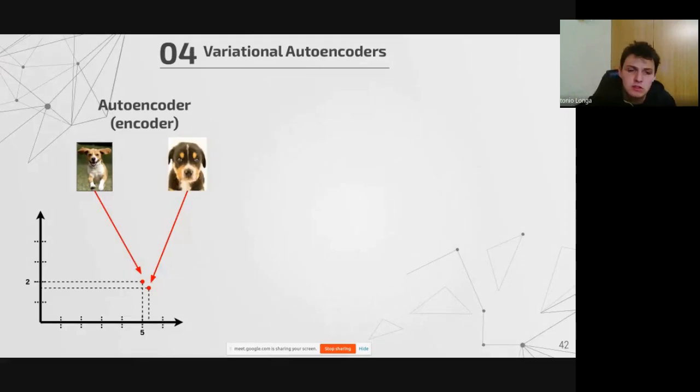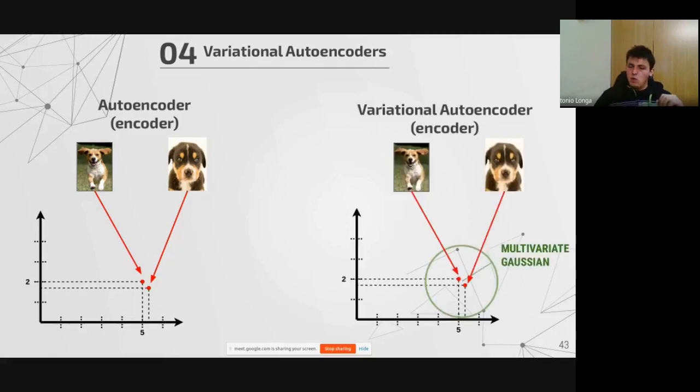Variational autoencoders. So far, what we have seen is that if we have images, graphs, whatever you want, with autoencoders you can embed it in a specific point. What happens with variational autoencoders?